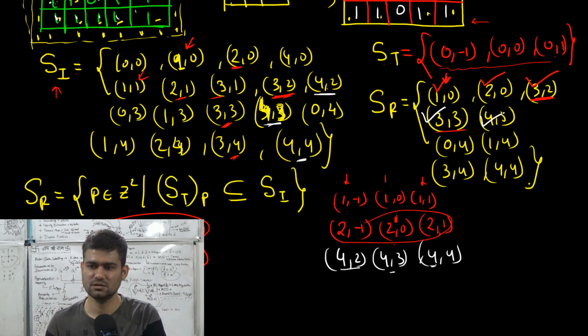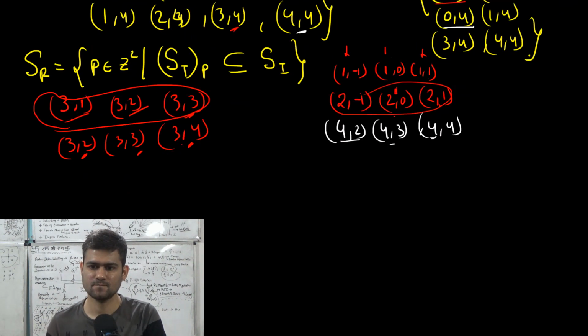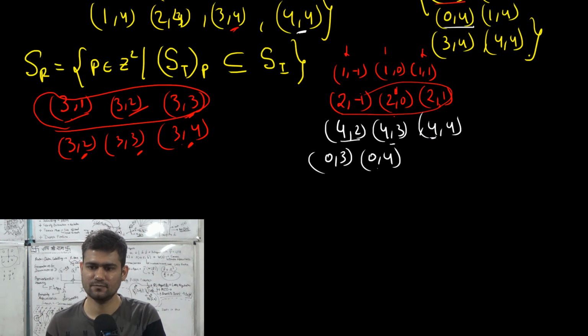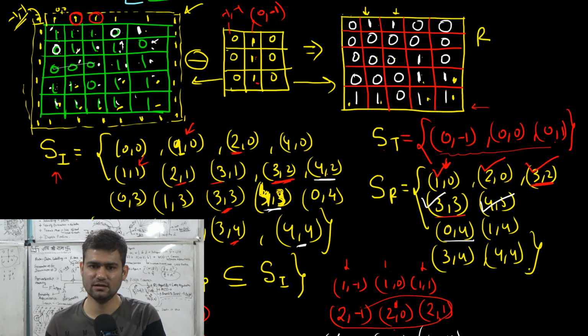So this checks out. Let's check (0, 4). So with (0, 4) we'll get a new set. This would be (0, 3). We'll get (0, 4) and (0, 5). So (0, 5) exists by default.